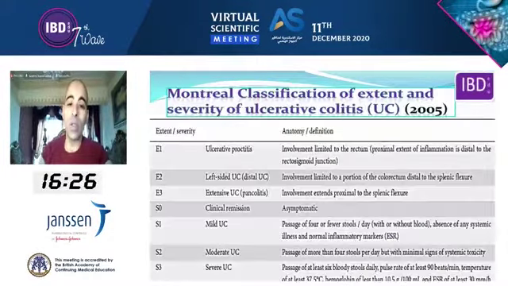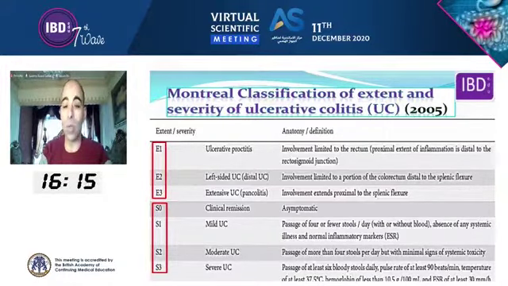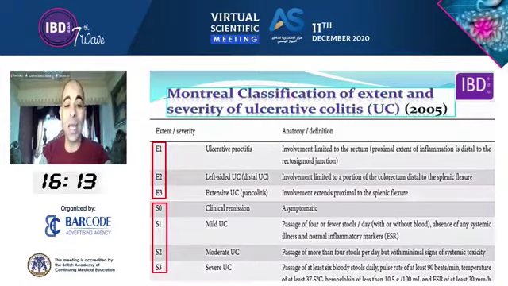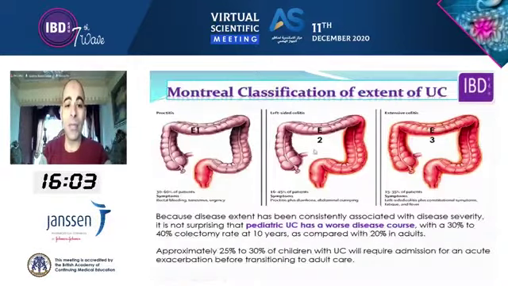This is the Montreal classification for extent and severity of UC. According to extent, we have ulcerative proctitis, left-sided colitis, or extensive pancolitis, and according to severity, patient in remission or asymptomatic, or mild, moderate, or severe UC. These figures show the Montreal classification.